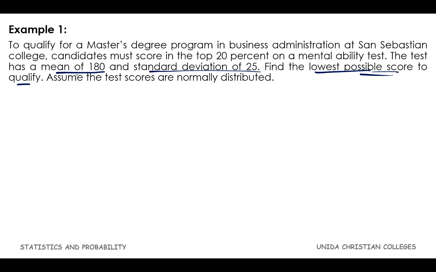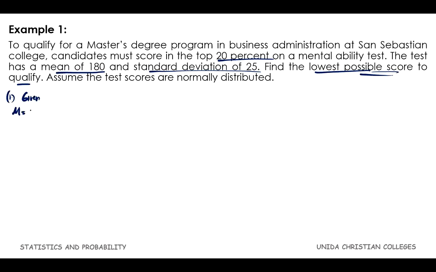Our givens are the mean of 180, the standard deviation of 25, and our z-value of 20%. First thing we will do is list down our givens.